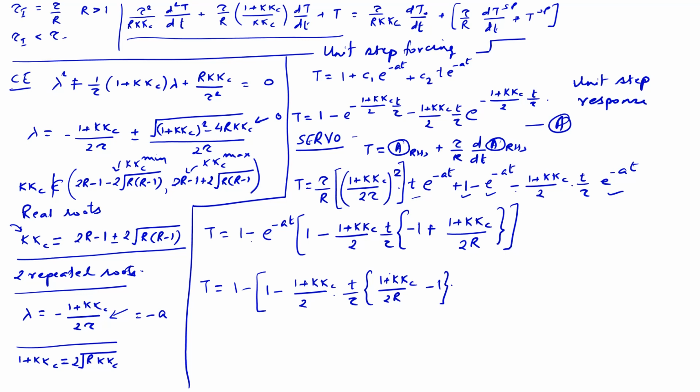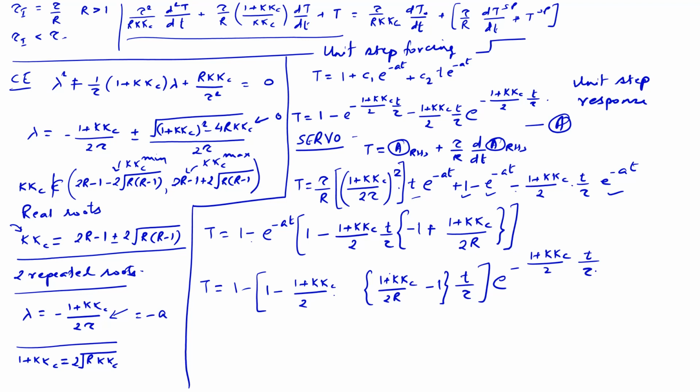And maybe we should keep the functional terms at the end as a convention. So we'll have t by tau over here, and e to the power minus 1 plus KKC by 2 times t by tau. So that's the servo response.